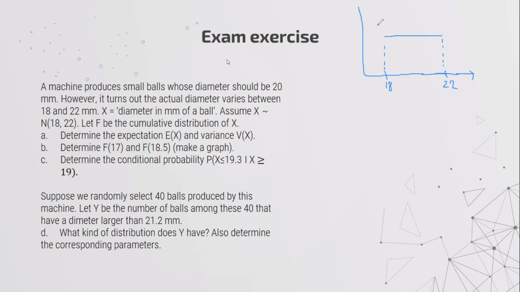I will start, okay. So we have to find the expectation and the variance. The expectation, we know it, that it's the minimum point plus the maximum over 2, because that's the mean. And that's just 20.